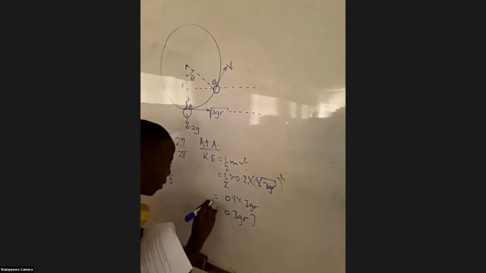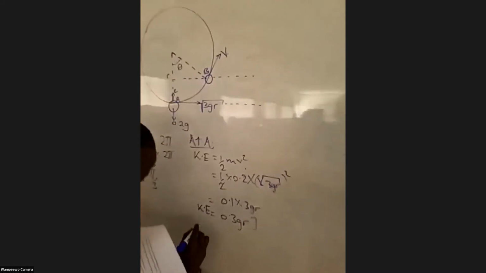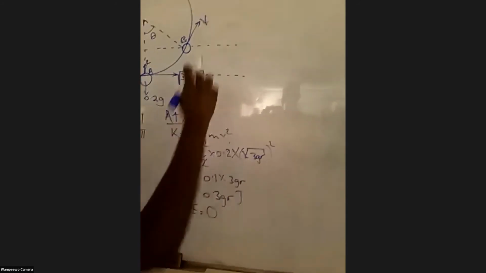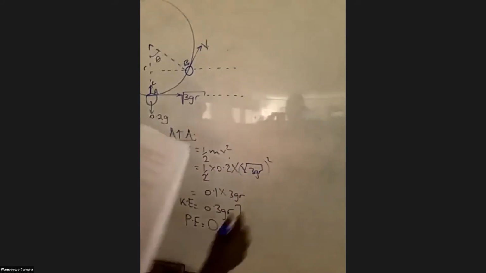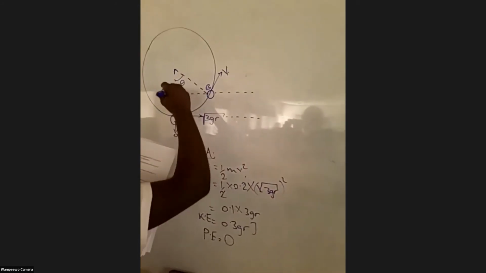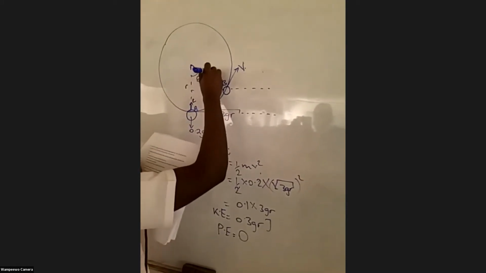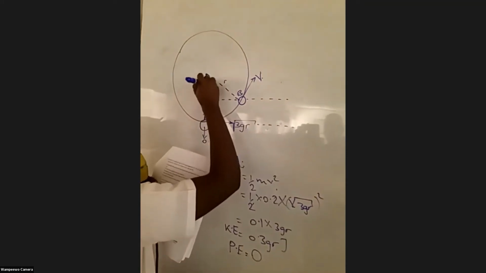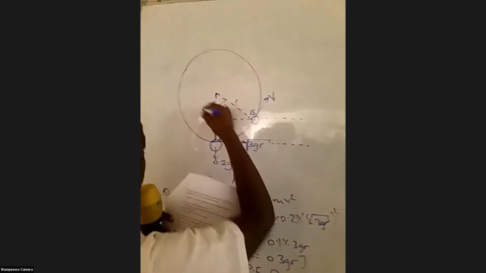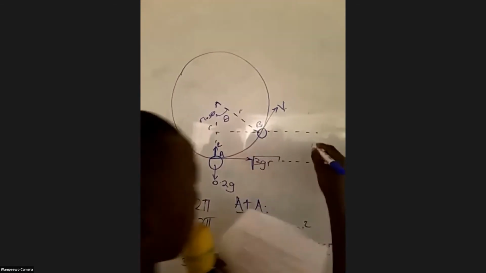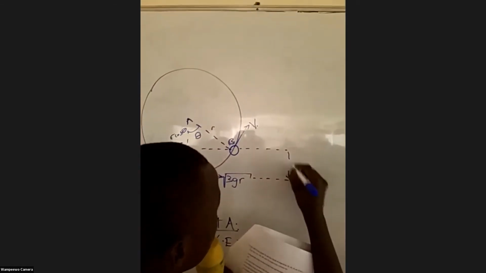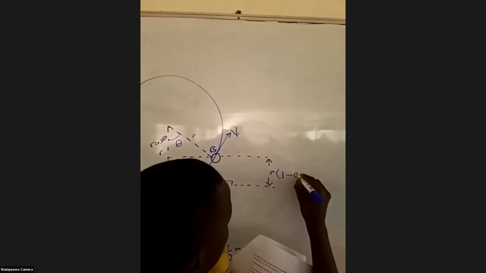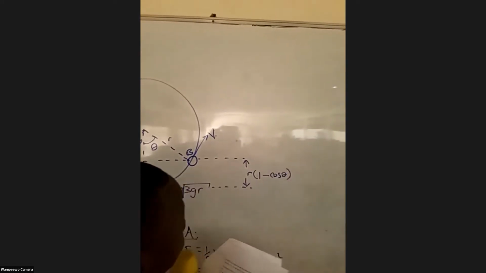That is the kinetic energy. But the potential energy at A is 0, since it has not covered any vertical height. At point B, since this is r, this distance is r cos theta. That means the remaining distance between B and A is r times 1 minus cos theta.